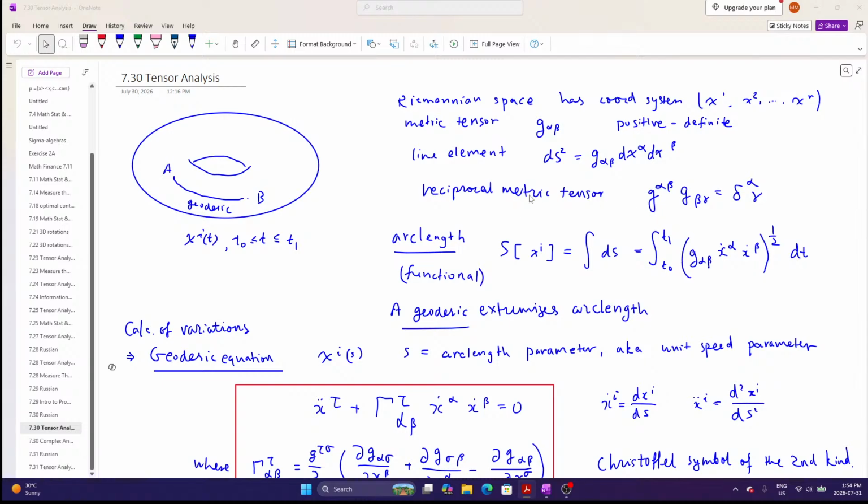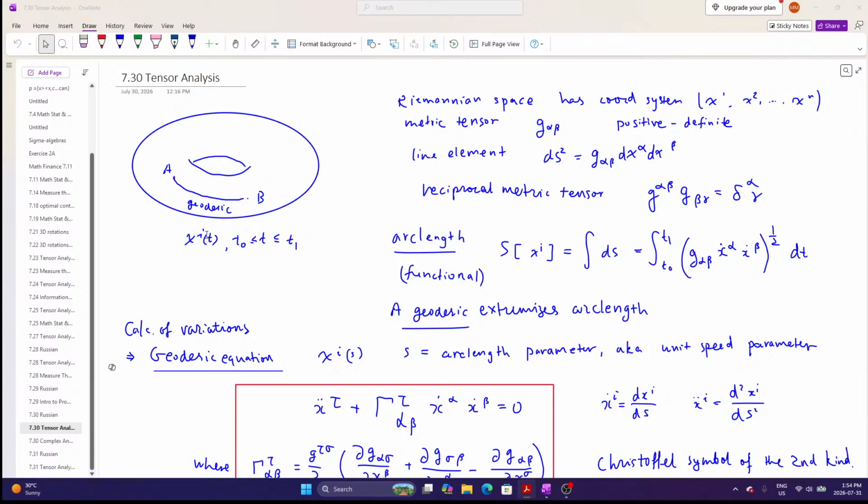Then we define the arc length. Arc length is just the integral of ds. We have the line element ds squared, and ds is just the square root of that, so the arc length is just the integral of that. Imagine you have a curve on the Riemannian space written as x^i(t), with t greater or equal to 0 and less than t1.